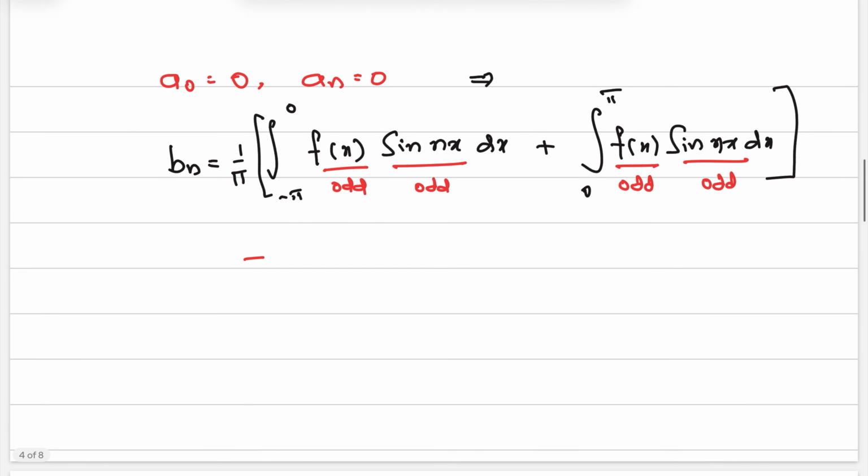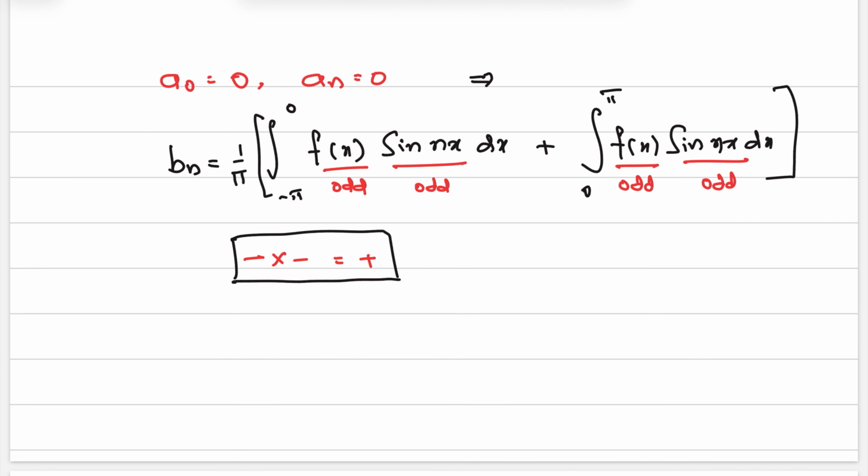When an odd function is multiplied by an odd function, that gives an even function. Minus 1 into minus 1 is equal to plus 1. When both are even functions, they add together.